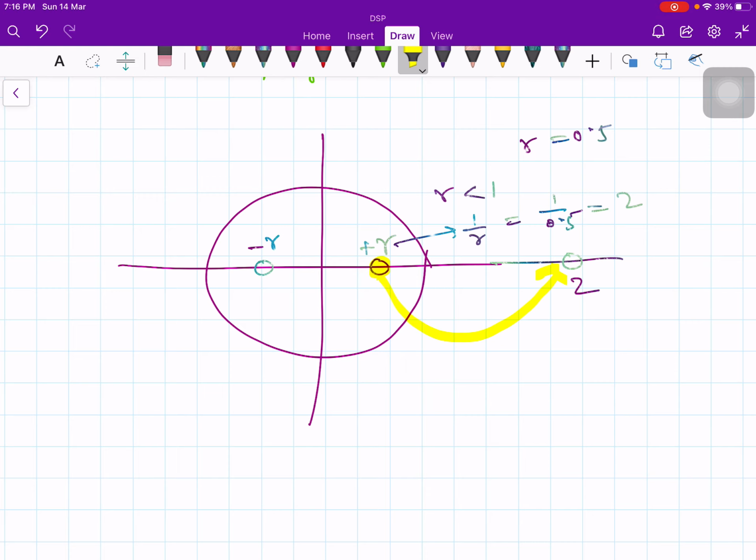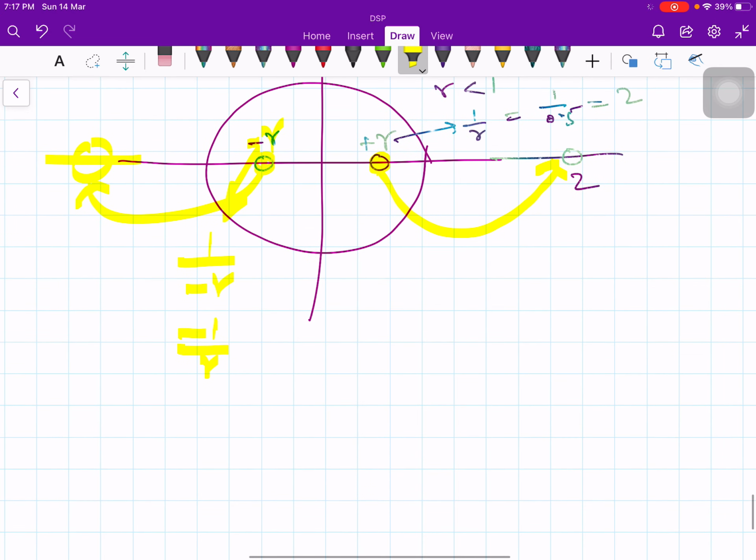Now if I have plus r, I will not necessarily have minus r; I may or may not have it. Let's say I have a zero at minus r. Its reciprocal is 1 by minus r, which is minus 1 by r, so it will be somewhere here. The reciprocal of this zero is this one.